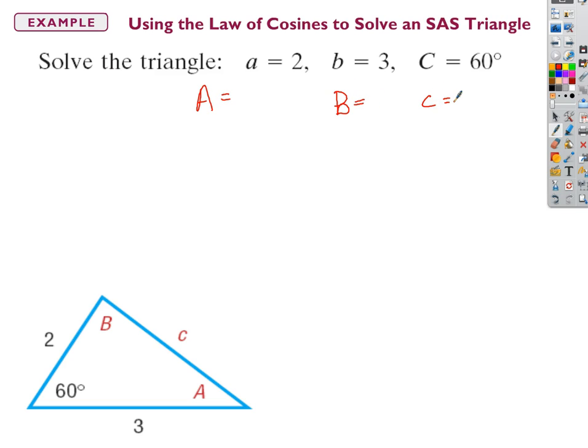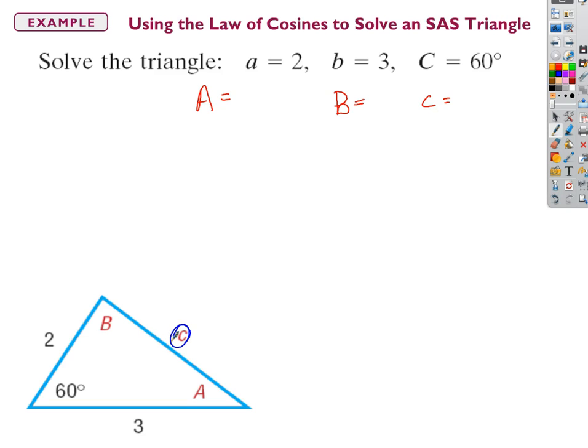So we have to think about how we want to go about this. Well, obviously this is the law of cosines, right? And so let's do the one where I kind of explained it earlier. I want this side.